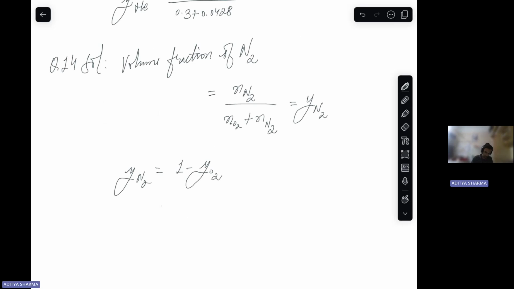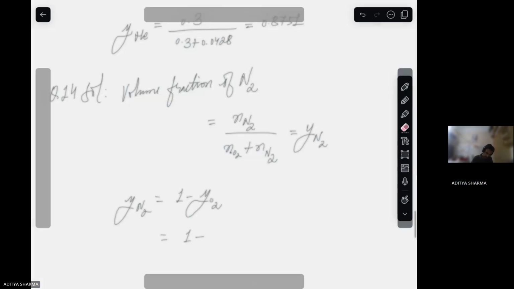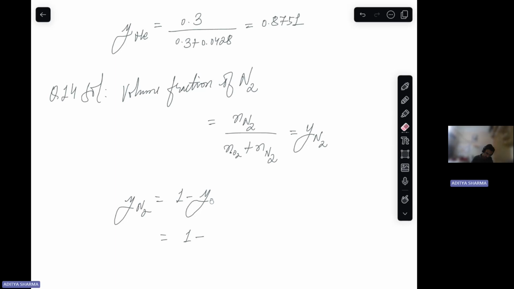And the sum of mole fractions of all the components is 1. So 1 minus, sorry, this is not oxygen but this is helium. Helium and nitrogen are there.